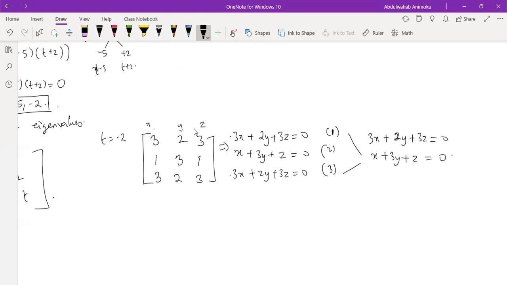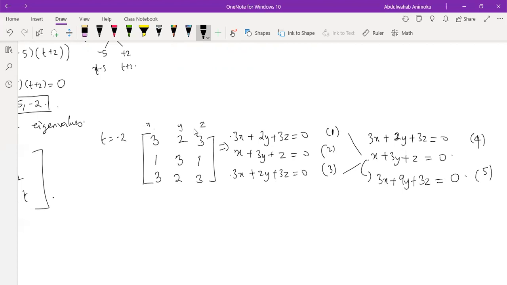Okay, so now what we do is we multiply the second equation by 3, right? So multiply the second one by 3, and that will give us 3x plus 9y plus 3z equal to 0. Now, once you do this, we just subtract equation 1 from, so let's call this 4 and 5.